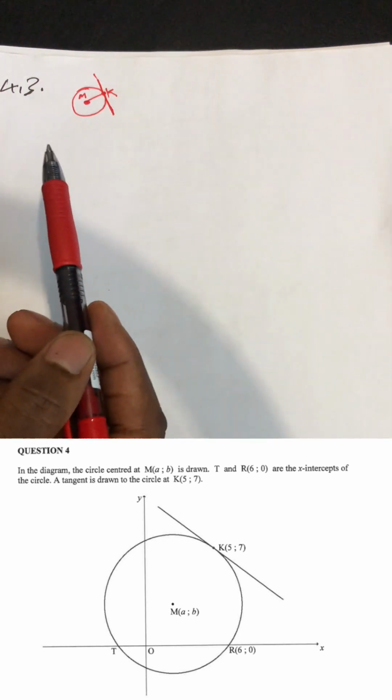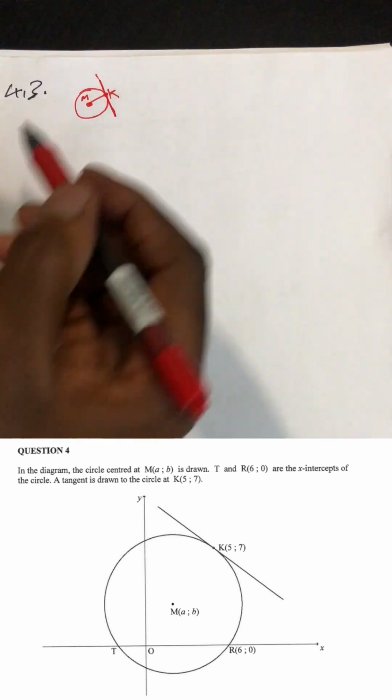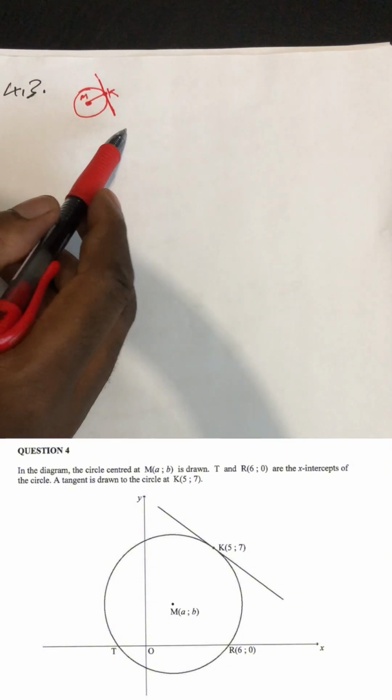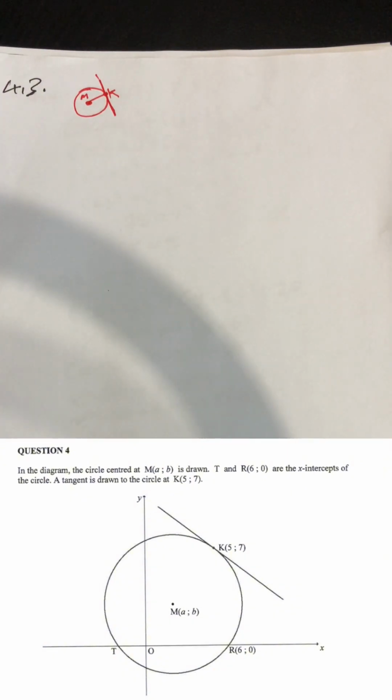Looking at the tangent, we only have 1 point, and it is impossible to calculate the gradient when we have 1 point. But looking at the radius, we have point M and point K, so we can calculate the gradient here. After finding the gradient, we know that the gradient of this line and the gradient of the tangent must give us -1.